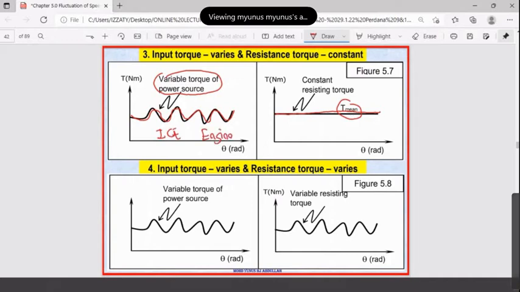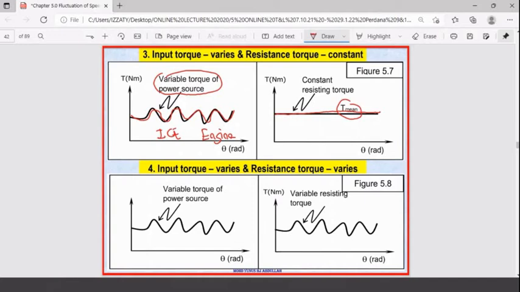The engine drives something, a vehicle, for example, a generator, and so on. So remember that when the torque provides you variable torque and the resistive torque is constant, it comes from an engine driving something.